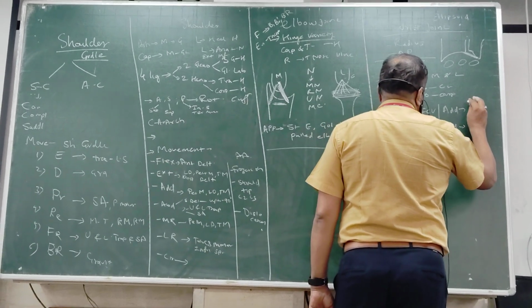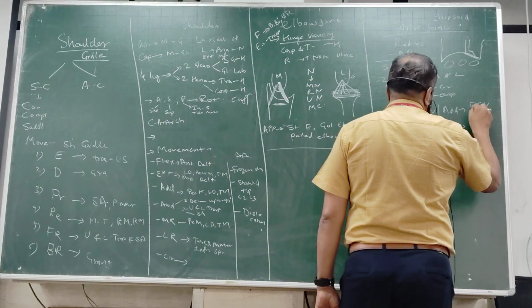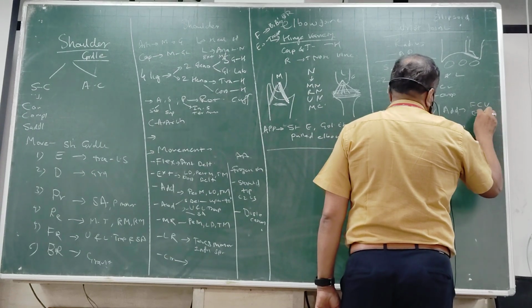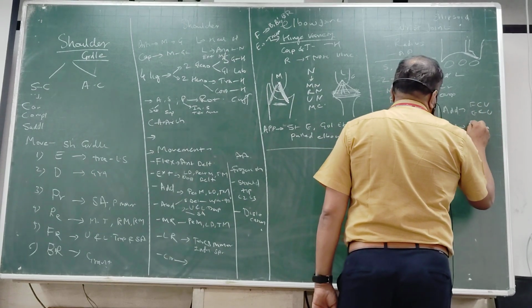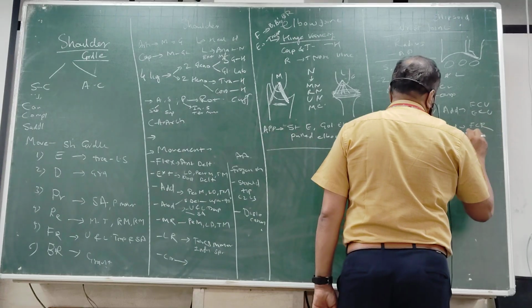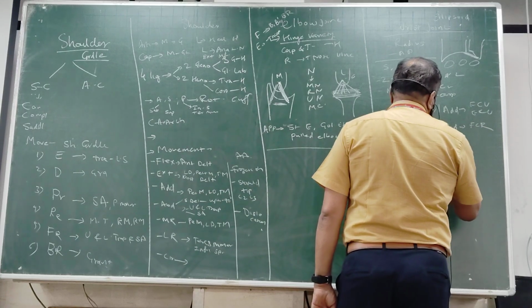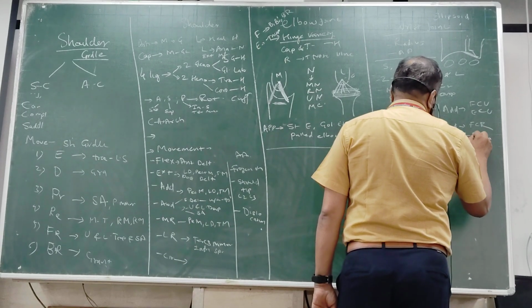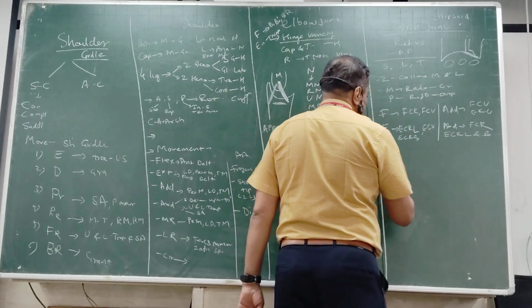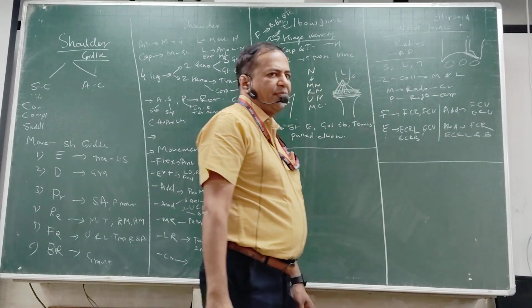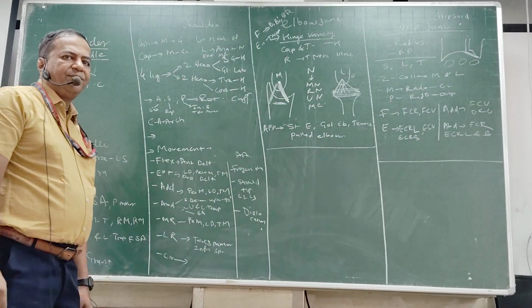Adduction is brought about by both ulnaris muscles, flexor carpi ulnaris and extensor carpi ulnaris. Abduction is brought about by flexor carpi radialis, which is on the radial side, and extensor carpi radialis longus and brevis.